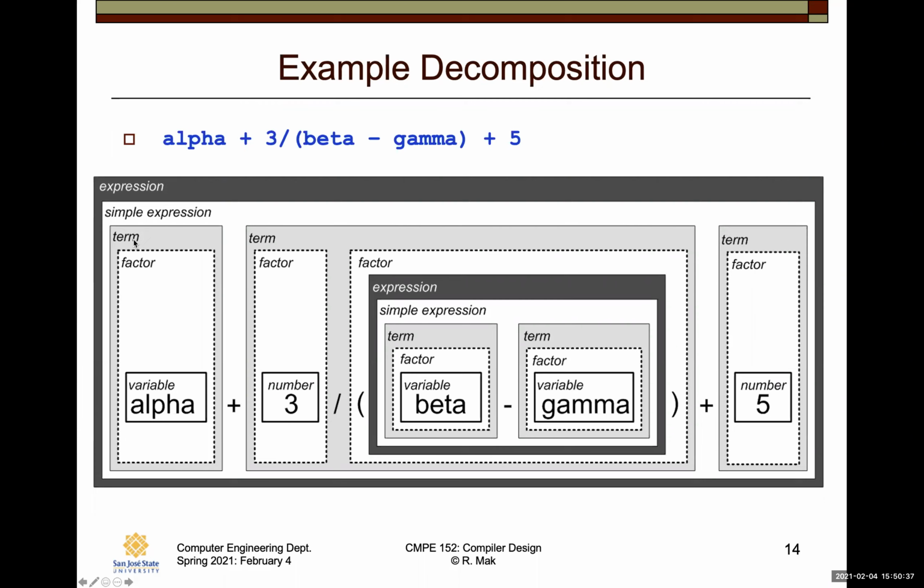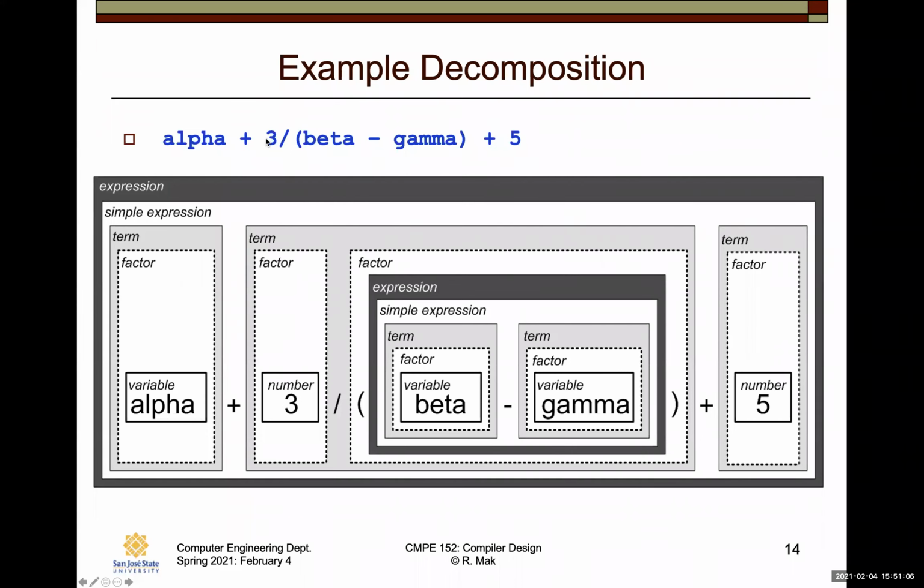A term is made up of factors. Remember, the term takes care of the multiplicative operators. There's no multiplicative operator in here, so it's only one variable, and the variable is alpha. The second term does have a multiplicative operator, the slash. You see, here it is. The first factor is just a number, 3.